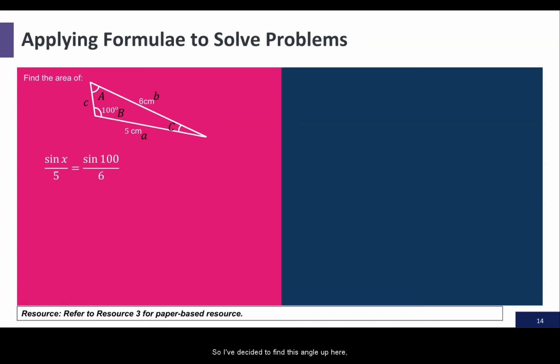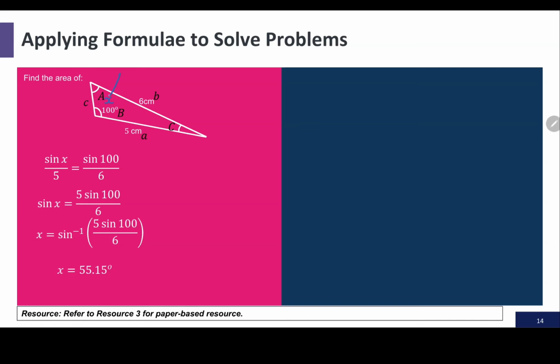I've decided to find this angle up here, which is x. So sine x divided by 5 is equal to sine 100 divided by 6. Multiplying through by 5, and then using the inverse sine, allows me to find x there.